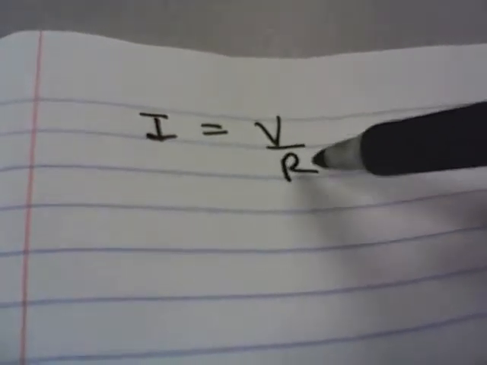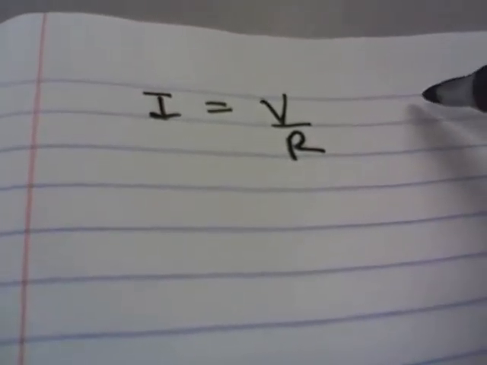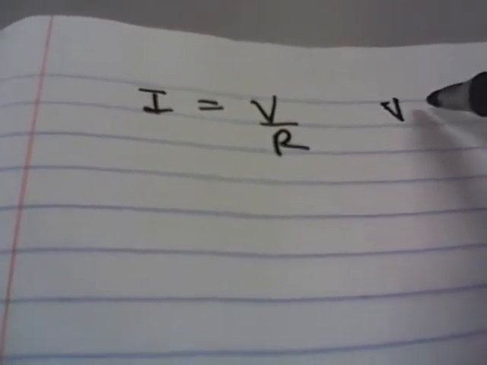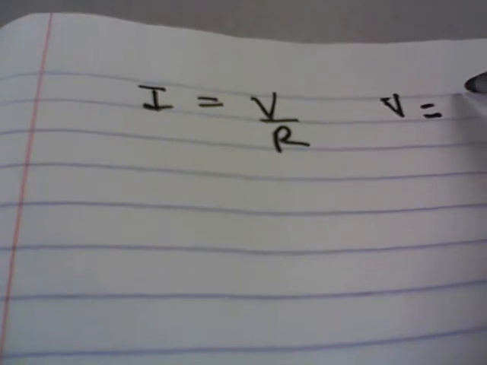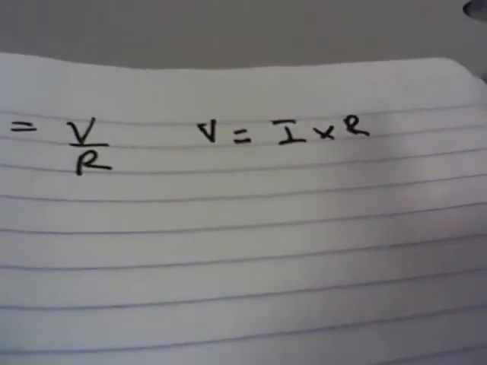So if we go to my handy dandy notebook, I do feel like Blue's Clues, yes. We would say that I is equal to V divided by R. So that's current equals V over R. I can also change this to just give me volts, and volts would be V equals I times R, right?